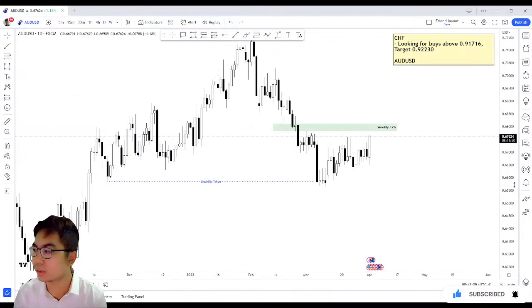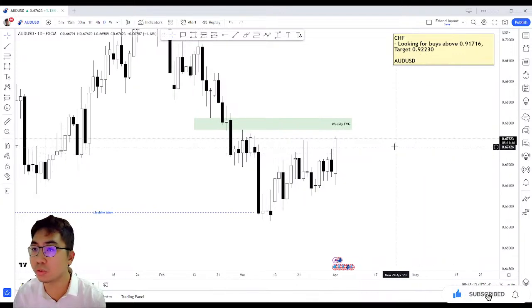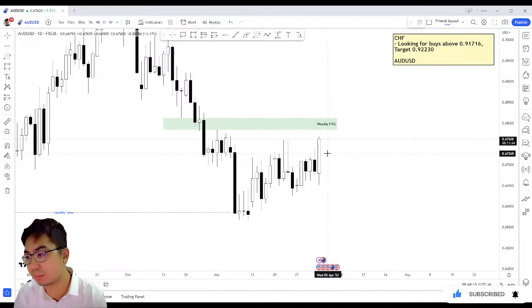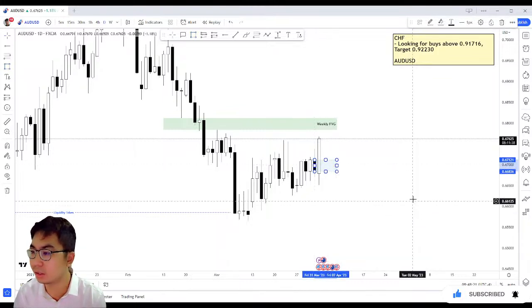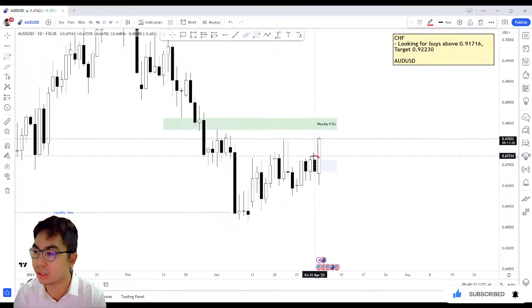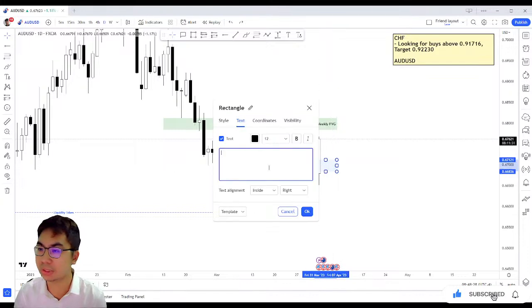Next, looking at the daily, we can potentially look for price to go towards the true demand area. This is a true demand area on the daily, noted by the body of the candle. I'll put this as the daily true demand.